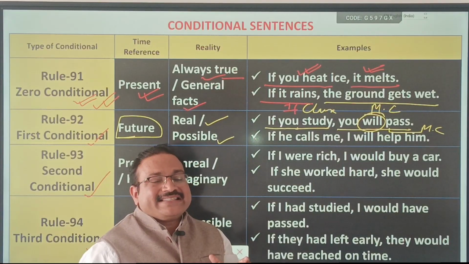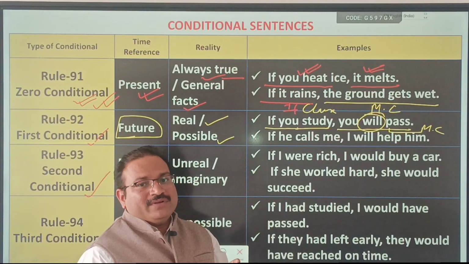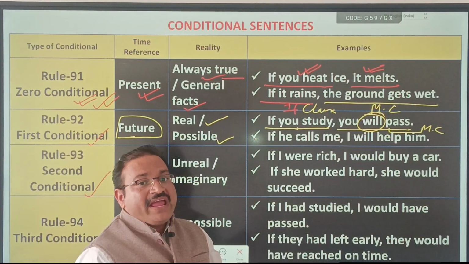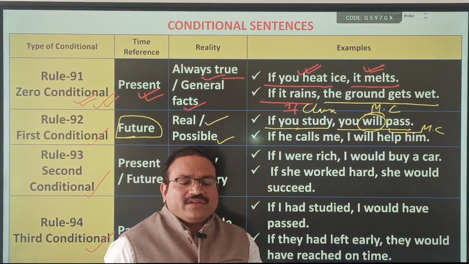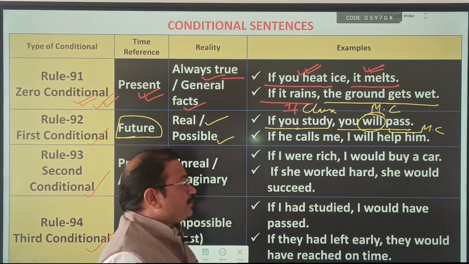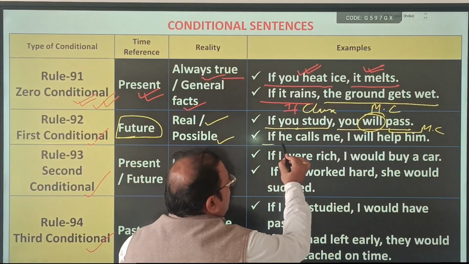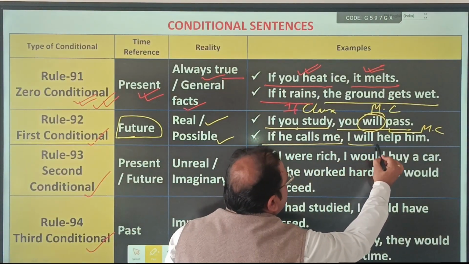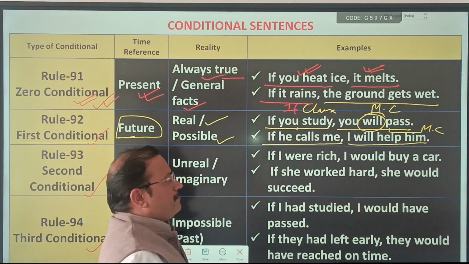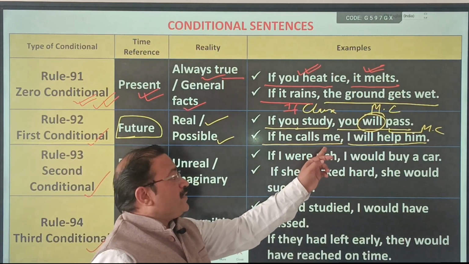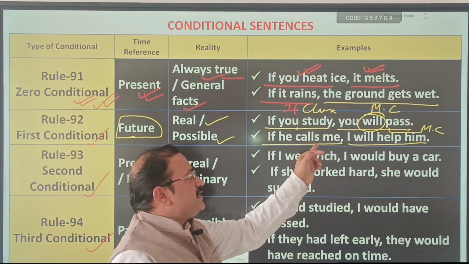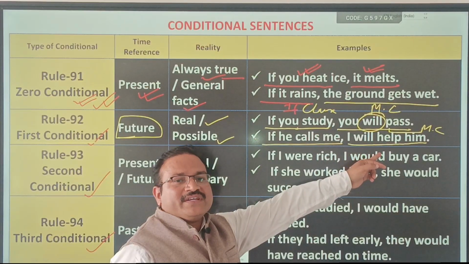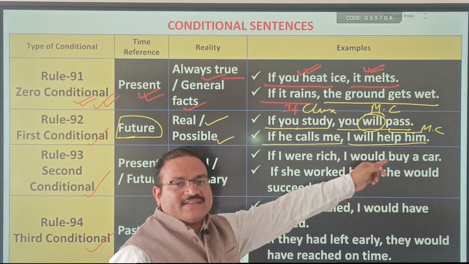Because this condition is possible, real, and may happen. If you study, you will pass, very natural, very possible. If he calls me, I will help him. So first clause, if clause, is in present tense and the main clause in the future tense.